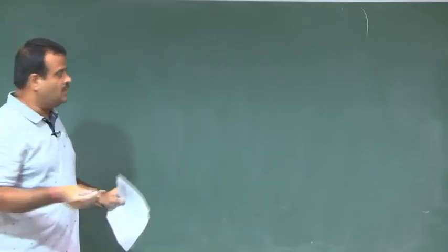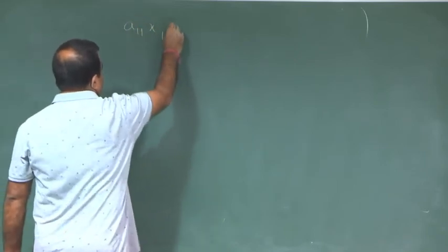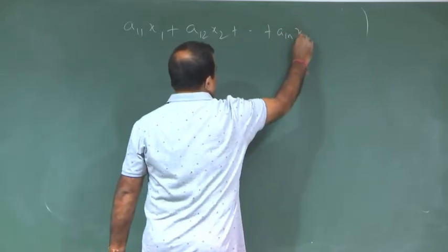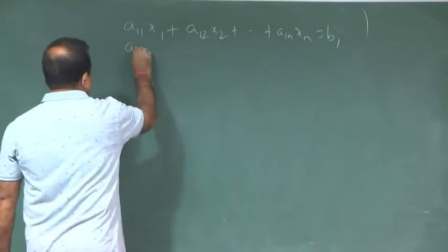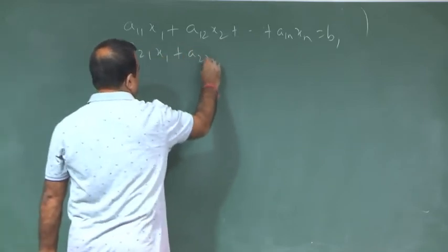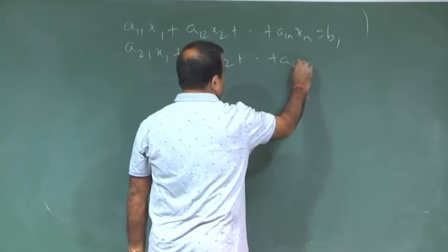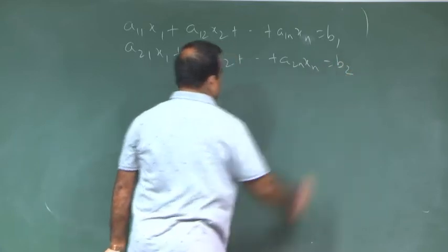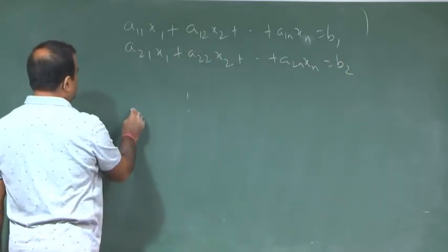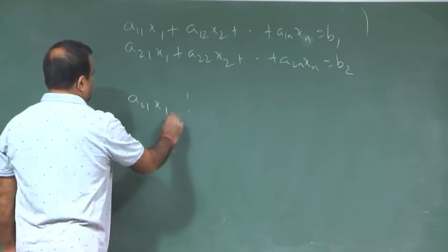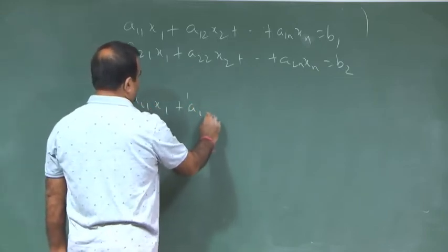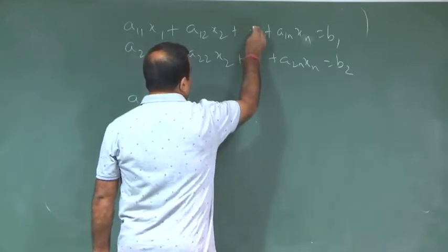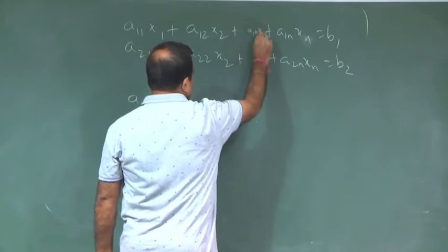So, in general, any system of equations is of this form: a_11 x_1 + a_12 x_2 + ... + a_1n x_n = b_1, a_21 x_1 + a_22 x_2 + ... + a_2n x_n = b_2, and so on. The ith row is a_i1 x_1 + a_i2 x_2 + ... + a_in x_n = b_i, and we can have the jth column a_1j x_j if you like.